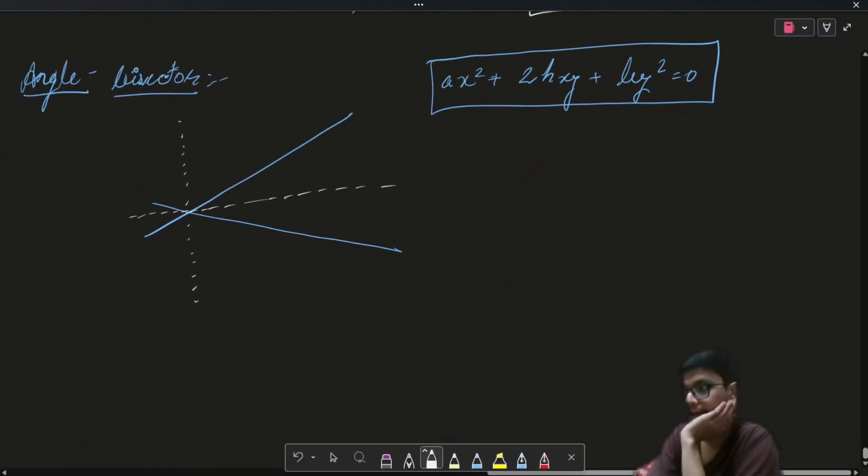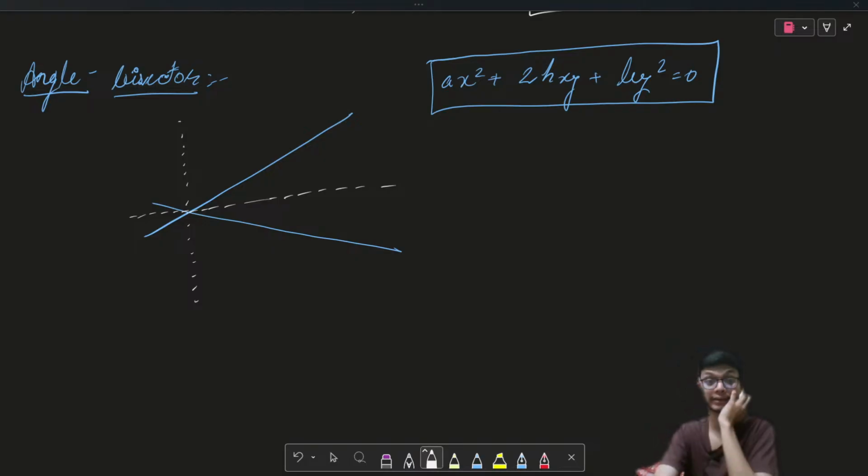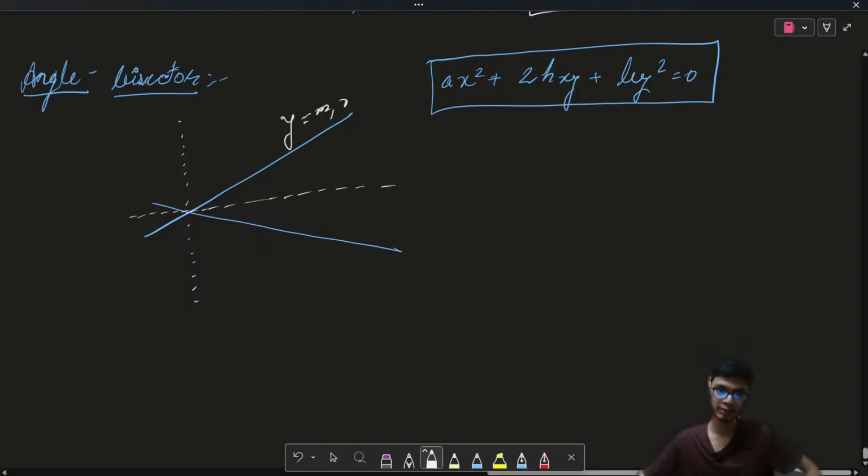Okay, so let us come back and try to understand the following formulation for the angle bisector. Again, we have the equation of the line as y is equal to m1x and another line as y is equal to m2x, right? From these two lines, we have already obtained this general pair of straight lines, right? Now our task is to find out the equation of the angle bisector.